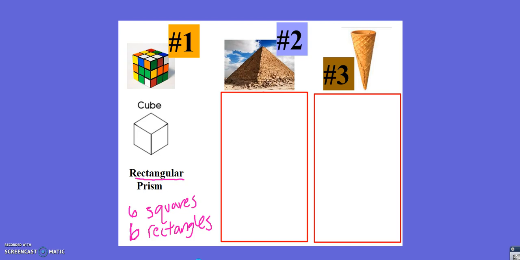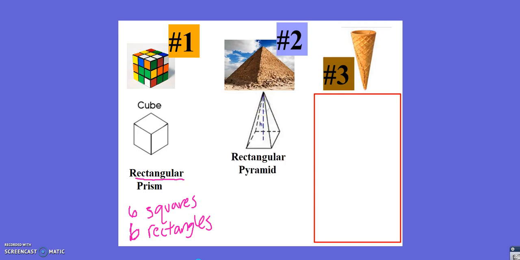The next object we have here is going to be a pyramid. They told us it was a rectangular pyramid. That is our base. The rectangle is the base.